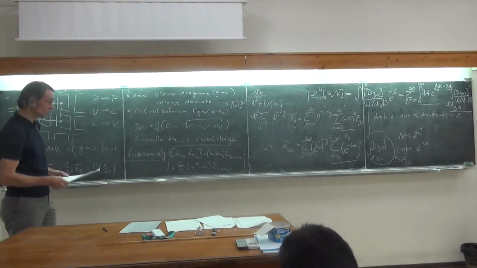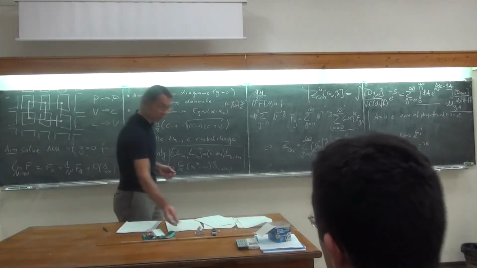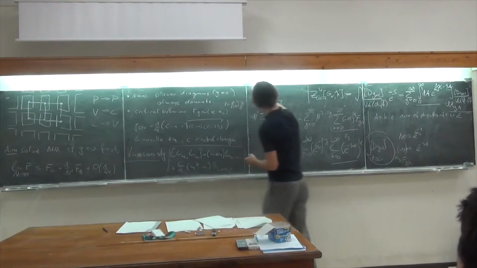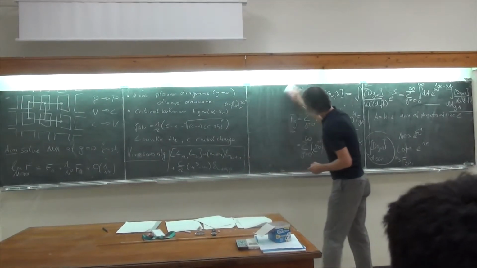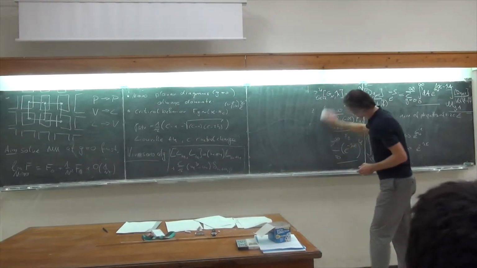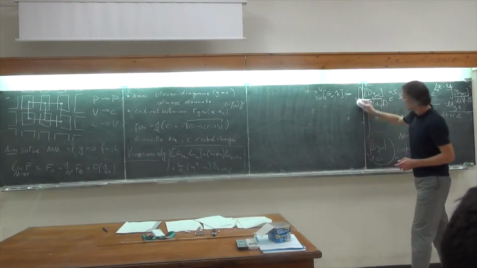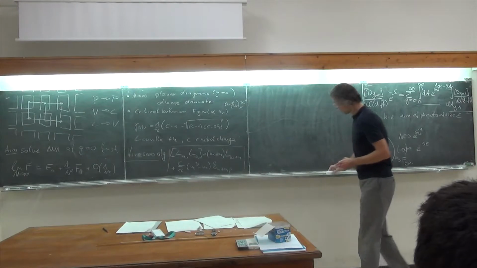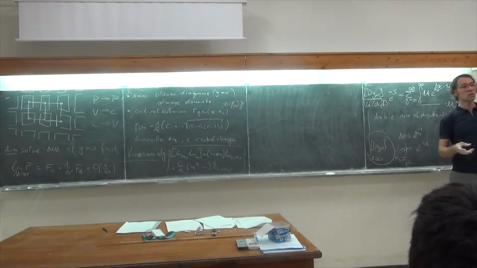This is an algebra of generators of conformal transformations. I hope you will see next week that conformal transformations, which are angle-preserving transformations, have the property that in 2 dimensions the algebra becomes infinite dimensional.